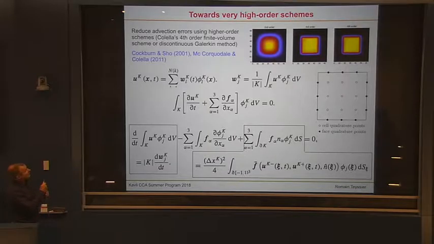And so when we say very high order schemes, we are going towards representing the solutions with very high order polynomials. So it's not piecewise constant or piecewise linear. We go to parabolic or third order or fourth order or fifth order polynomial, right?